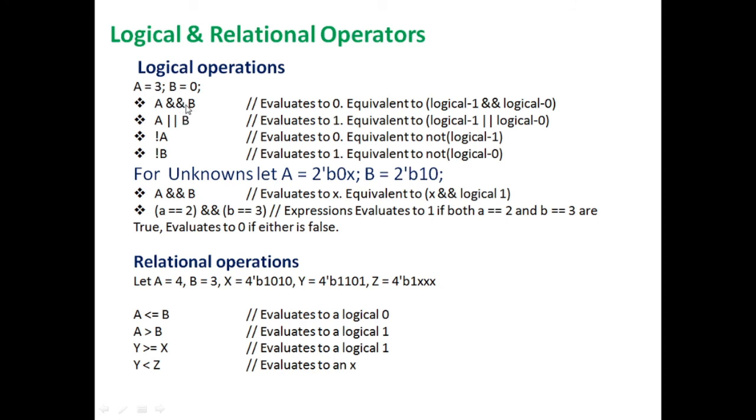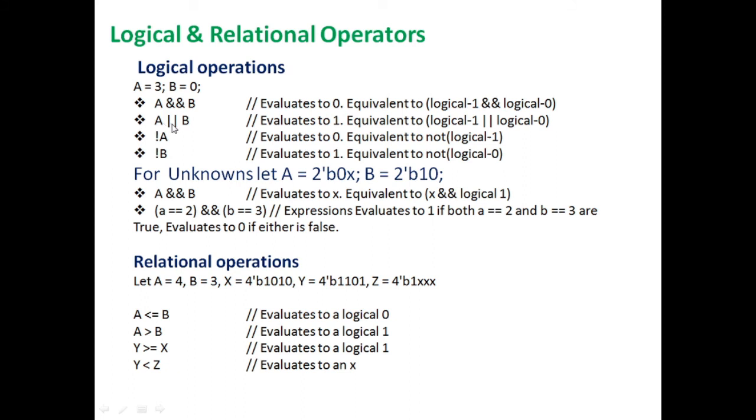Like logical AND: 2 times I am using the AND symbol, which means it is treated as a logical operator. So A double ampersand B evaluates to 0. That means here we are performing an AND operation, 3 and 0, but it has to evaluate to a 1-bit value, that is 0, because B is 0.